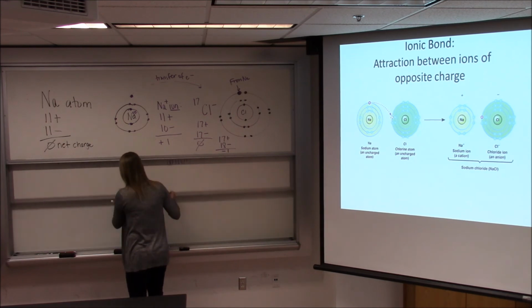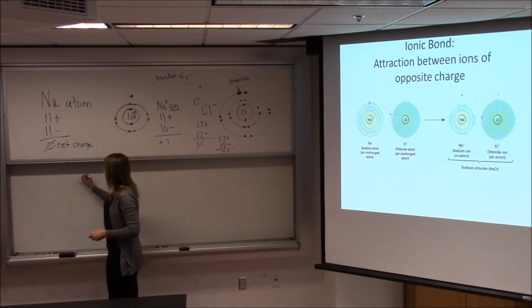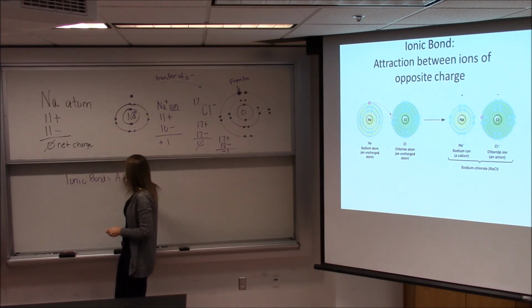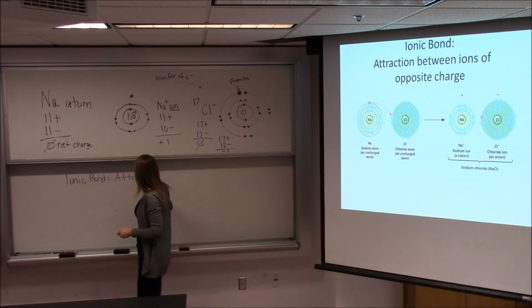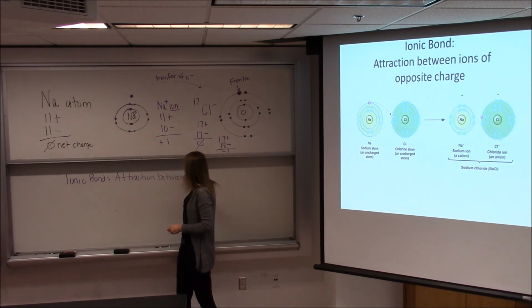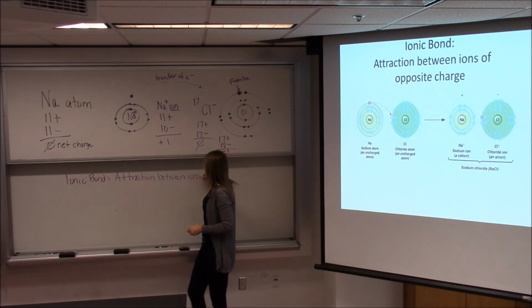So an ionic bond is an attraction between ions of opposite charge. Attraction between a cation and an anion.